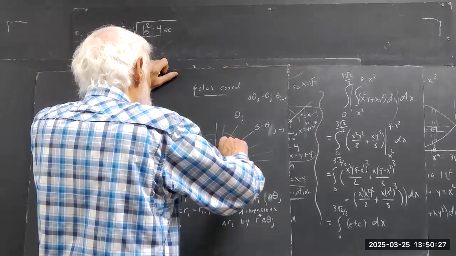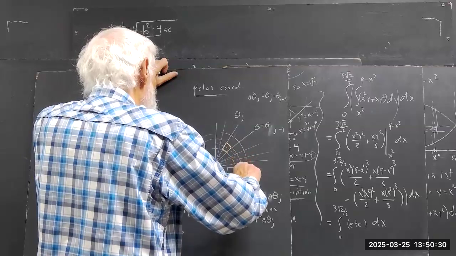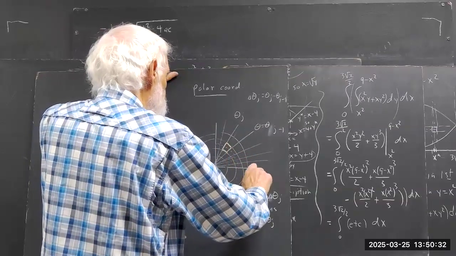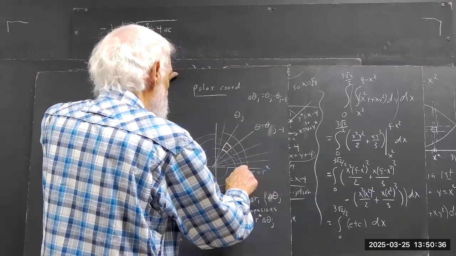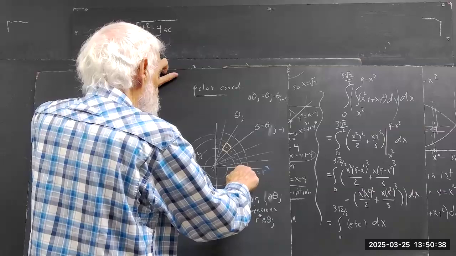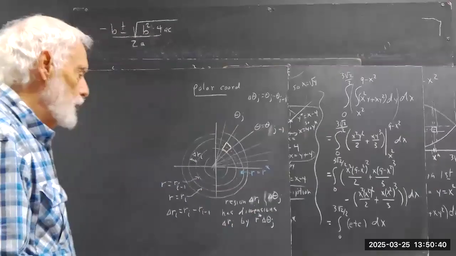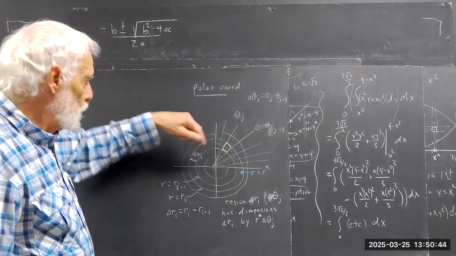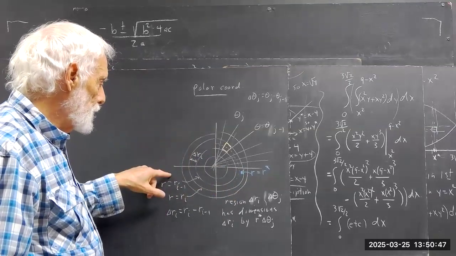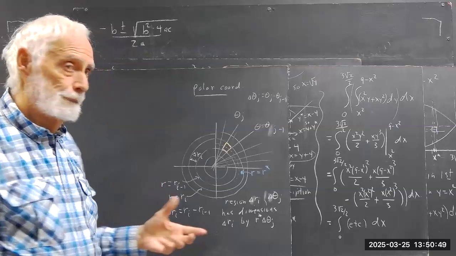Okay, here is the arc of the circle equals R star. R star is just some radius between R sub i minus 1 and R sub i.